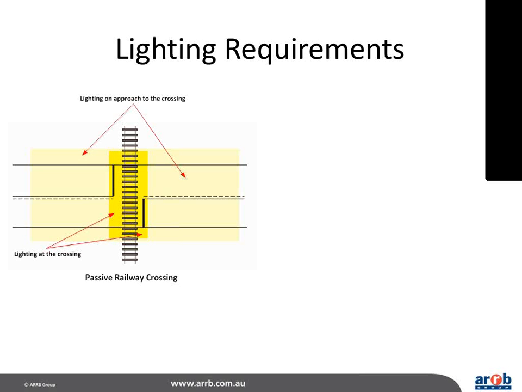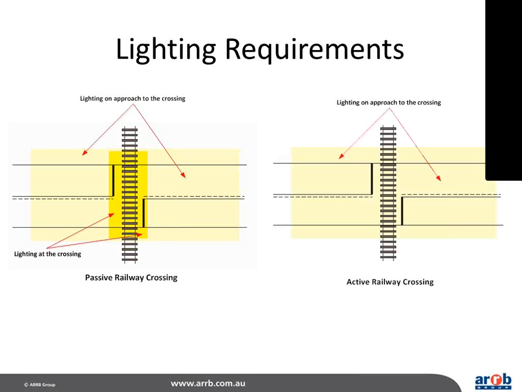So at a railway crossing, you want to ensure that the approach to the crossing, the road layout, is well lit, as well as the lighting at the crossing to help illuminate the crossing, help a driver approaching the crossing to see where the crossing is located, and also identify a train if a train is at the crossing.